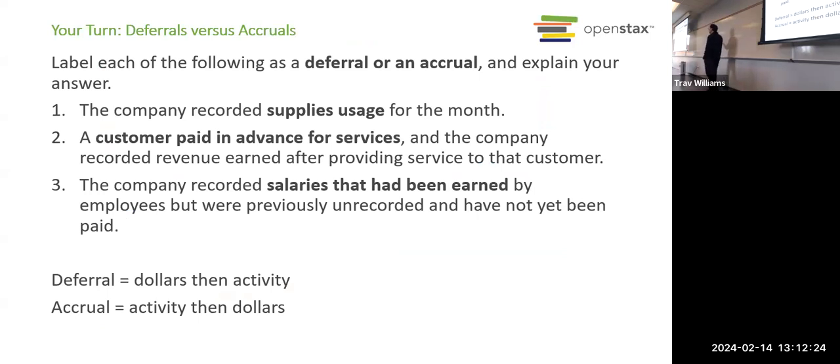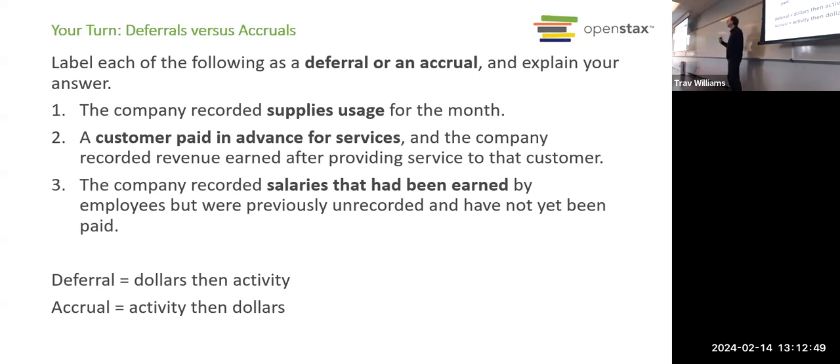This is the way to remember the difference between a deferral and an accrual, right? In a deferral, the financial part happens. The dollars change hands first, and then the action, whether it's an expense or revenue, happens in another period. Whereas with an accrual, it's the other way around.